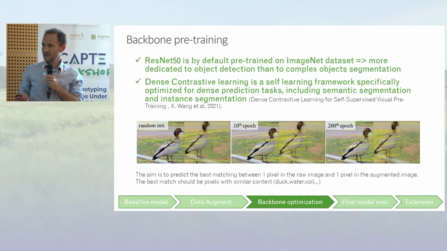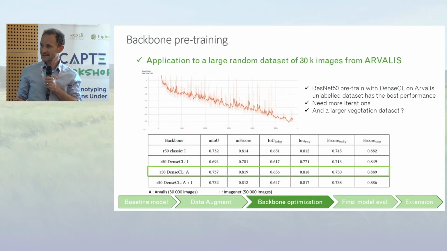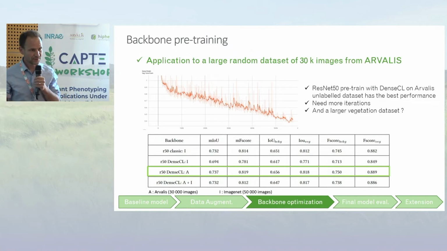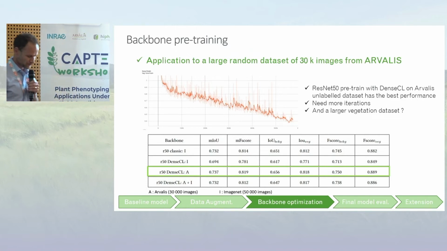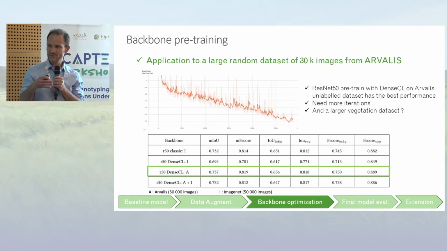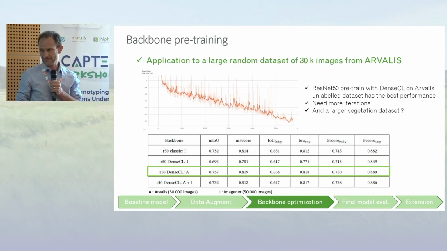For this, we applied it on a data set with 30,000 images. We collected 30,000 images on all kinds of crops in previous seasons to try this self-learning process. In comparison, the ImageNet dataset is 50,000 images, so it's the same kind of volume.